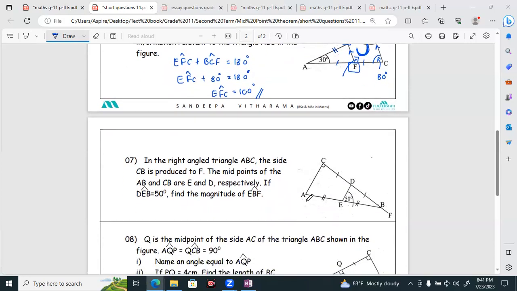Mention whether it is based on the midpoint theorem or the converse of the midpoint theorem.